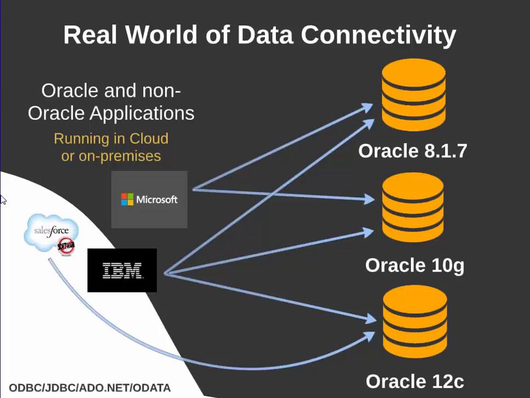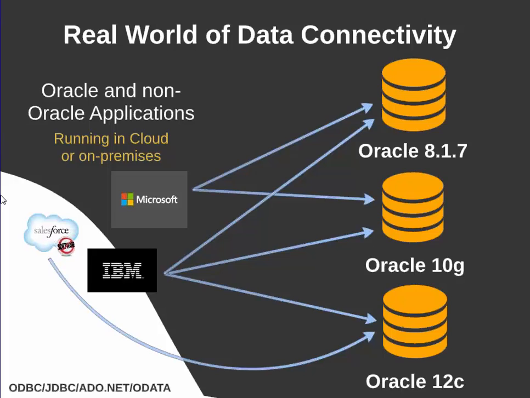And I very commonly still see applications that need connectivity running on 8.1.7. So it's not uncommon to see the full range. The reason, I guess, is that it's not always easy to upgrade an Oracle database. It may be a legacy system that's working in production, or maybe the ISV hasn't updated to the latest version in the distribution you have.